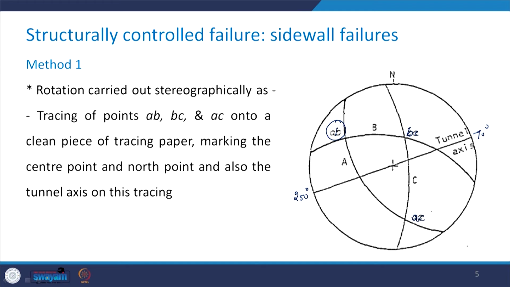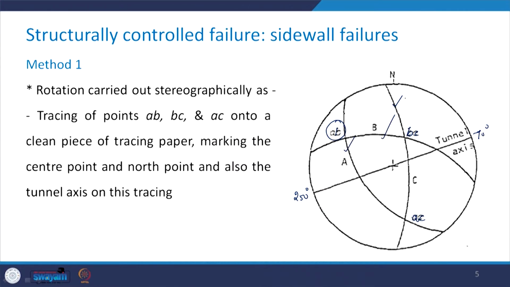What we do is we take a tracing sheet and on that we mark these three great circles, their intersection points along with the tunnel axis and the center of the reference circle. Also, we have to draw this north point. On a tracing sheet, this whole construction will look like this figure.